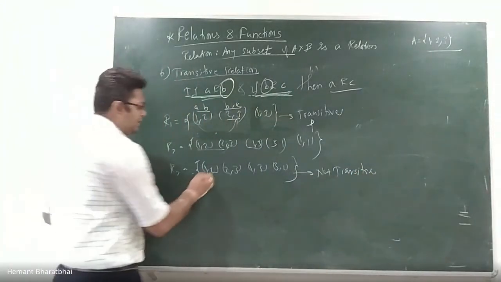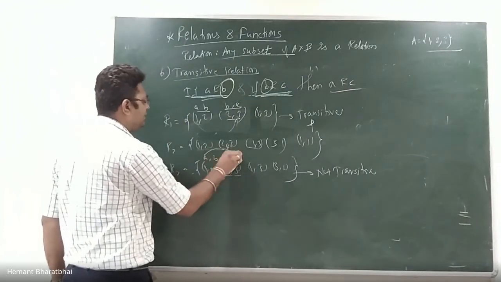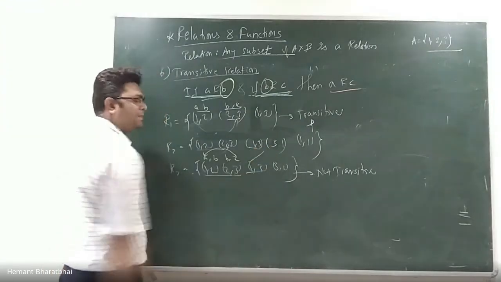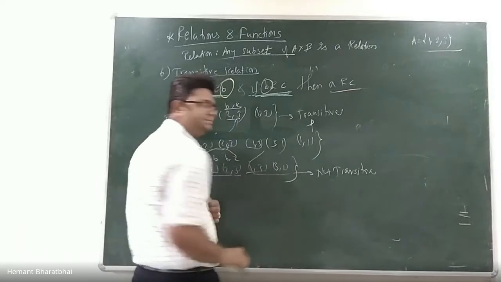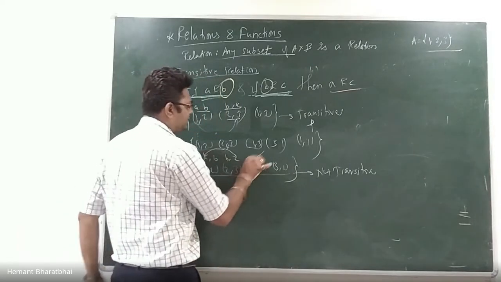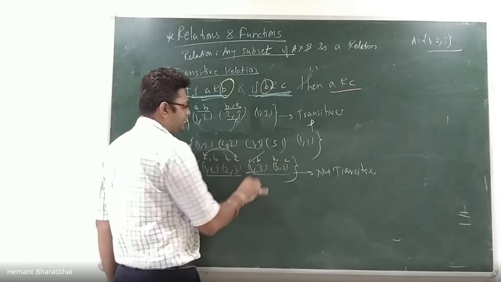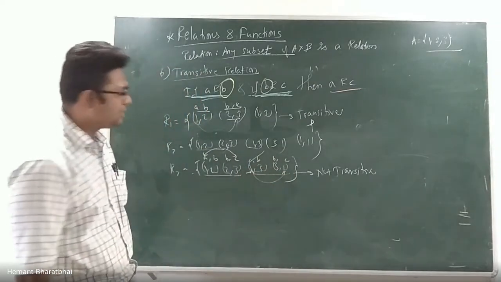Because see, if I am taking this as A and B and this as B and C, then there should be a relation between A and C, 1 and 3, which is there. This pair is there. When I am taking this pair, this is my A and B, this is my B and C. So there should be A and C, that is 1 comma 1, which is not present.